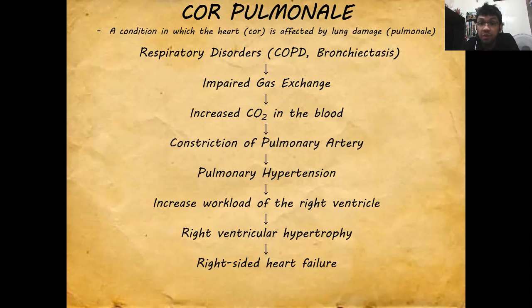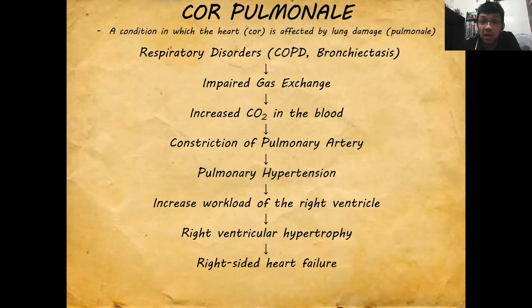Tendency now is there will be an accumulation of carbon dioxide in our blood. If that happens, since the lungs cannot give adequate oxygen to the blood, tendency is that there will be constriction of the pulmonary artery. And if that happens, there will be pulmonary hypertension now.